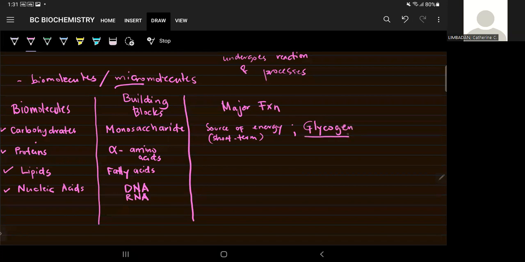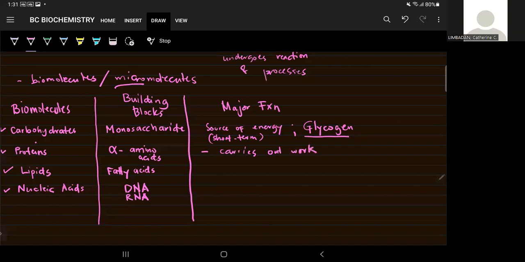Diba? Ano, next, proteins. Your proteins naman are components or molecules of the cell wherein it carries out the work, no? It carries out work, yung ating protein.